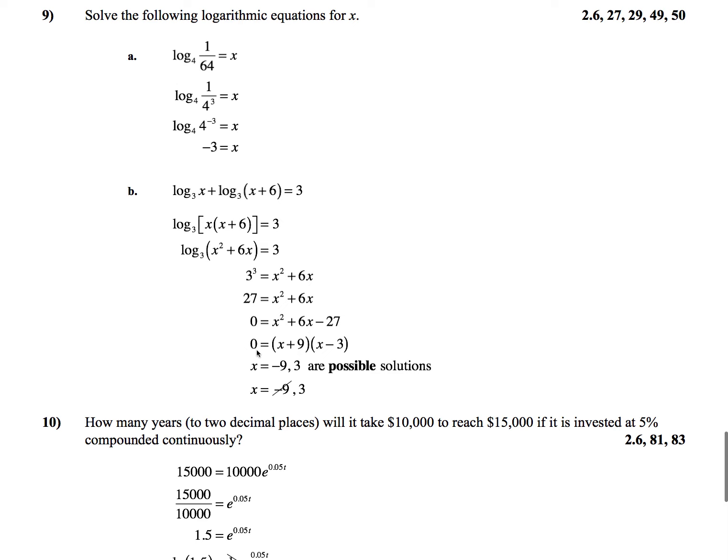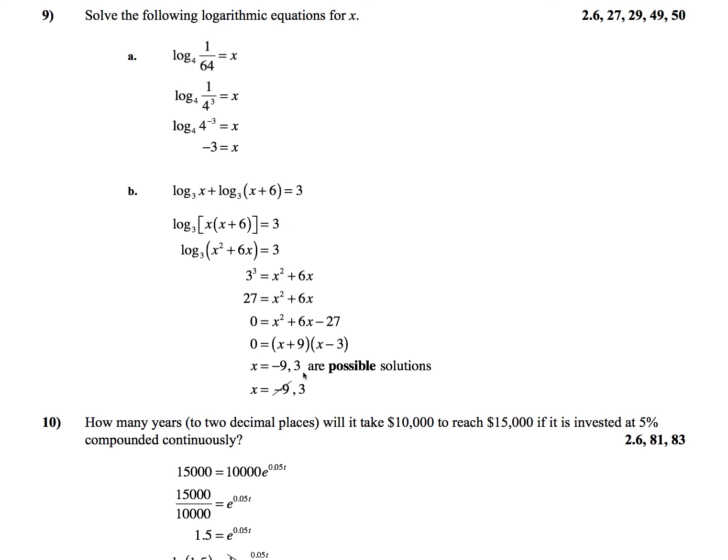So the solutions to this quadratic equation, not the logarithmic equation, are negative 9, because if we put a negative 9 here, negative 9 plus 9 is 0, and 0 times anything is 0. And positive 3, because if we put a positive 3 here, 3 minus 3 is 0, and 0 times anything is 0.